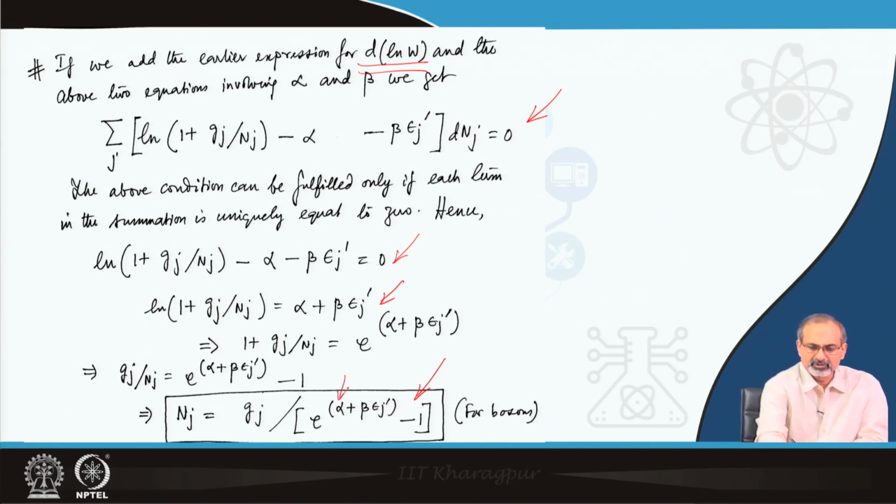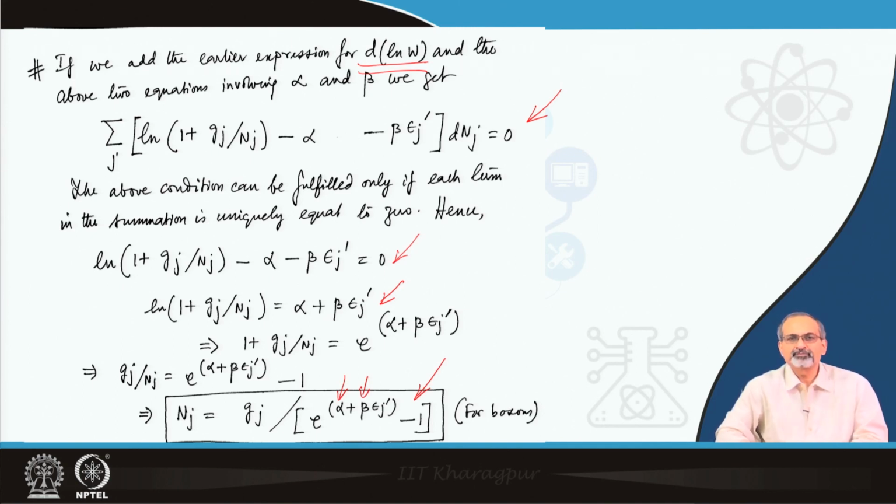At this point, we do not know what the values of alpha and beta are, but we are getting very close to obtaining that population distribution, which will give you the maximum number of microstates for a given macrostate. And this, of course, we have derived for bosons, because we started with the W expression for bosons.